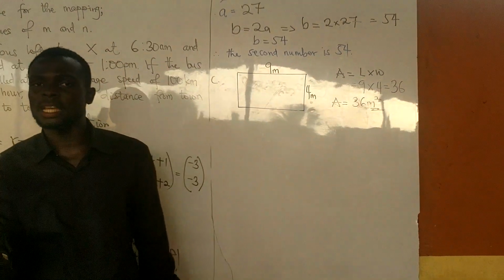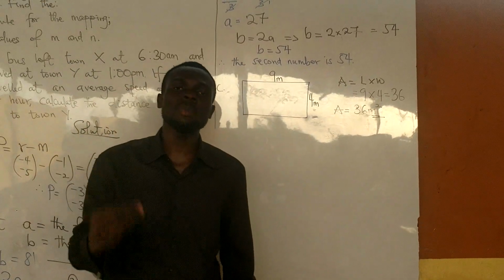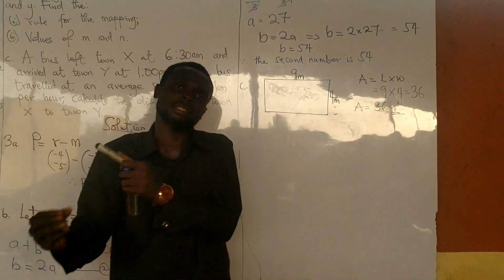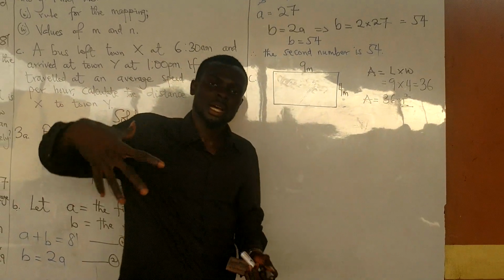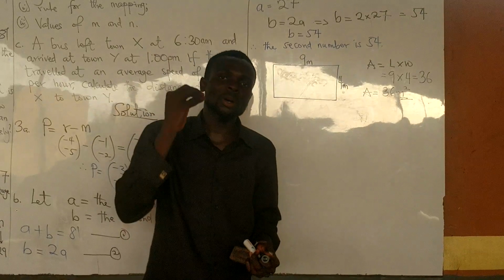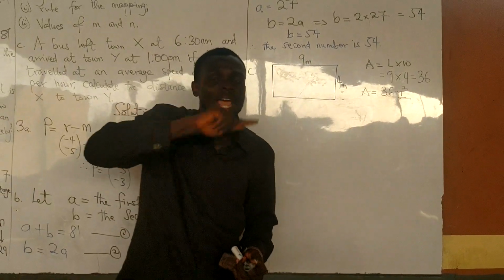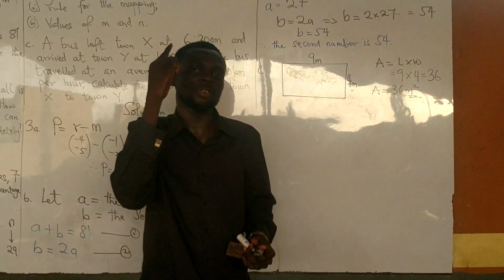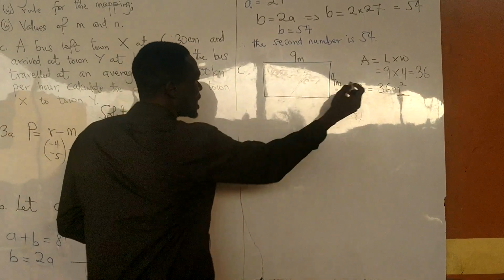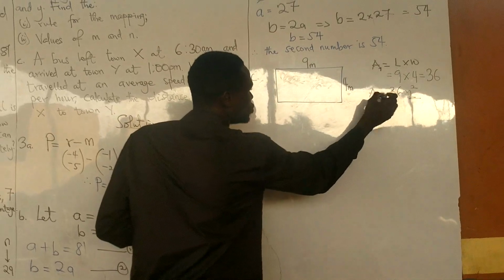Now the question was asking, how many 20 centimeters by 30 centimeters tiles can completely fill the room? Also, we are going to find the area of the tile. So let's say this is A1, this is A2.